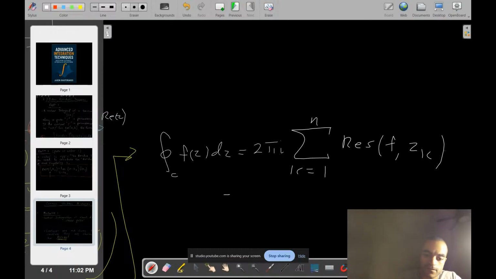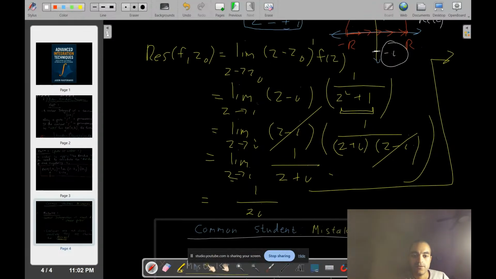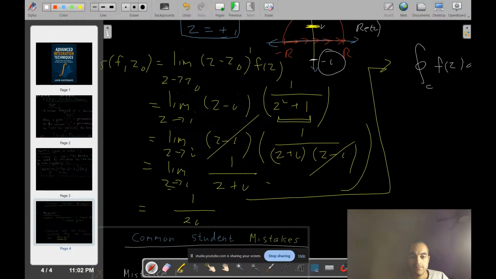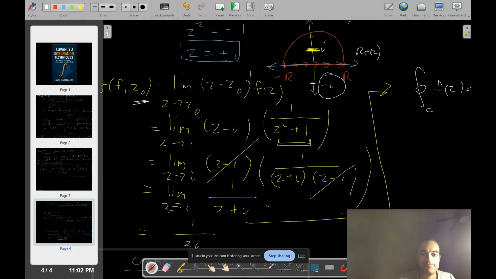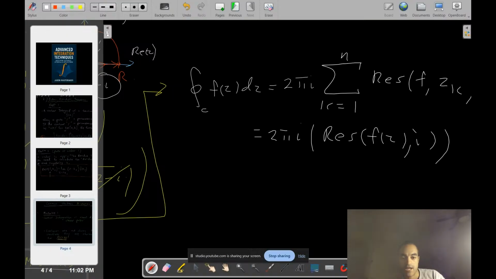The only term I'm taking is the residue of f of z at the pole i, because the other one is outside of the contour.